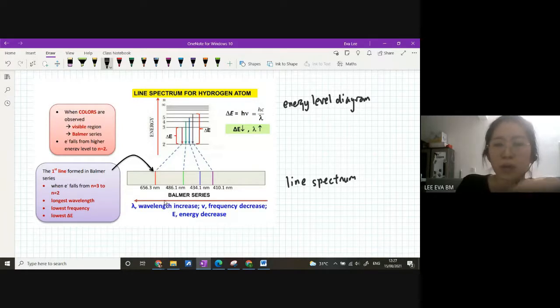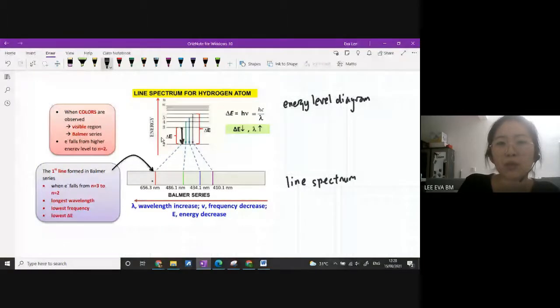So if you want to draw the line spectrum, it must first come from your energy level. So let's say over here we have n equals 3 transitioning to n equals 2. And this one produces your first line. How do we say first line? First line is from one energy level higher. Here the ground state is 2, so one energy level higher is 3.